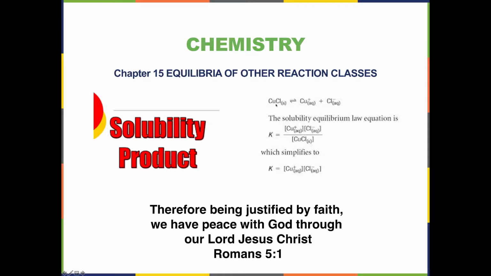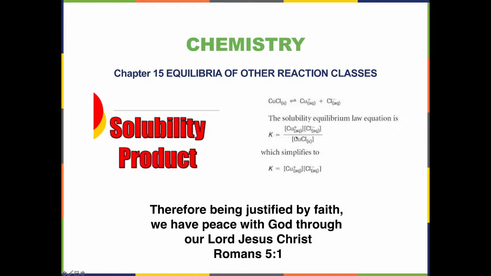Basically, you have a very low solubility solid like copper chloride, and it ionizes to form copper ions and chloride ions.